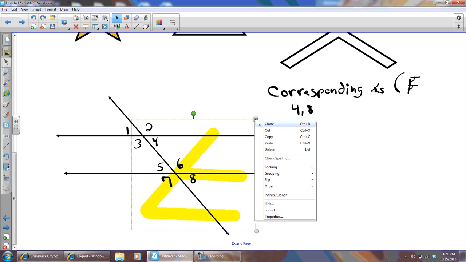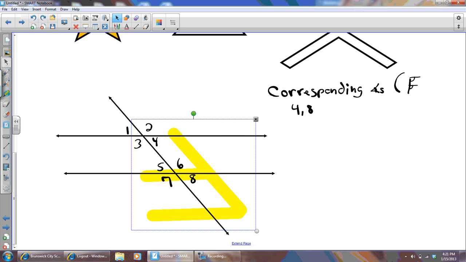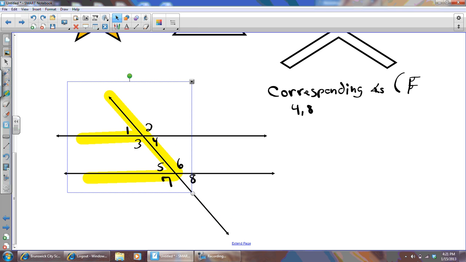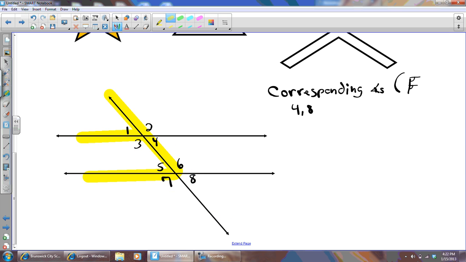And if I do a double, maybe. Okay, there we go. So 1 and 5 are corresponding. Angles 1 and 5, right?